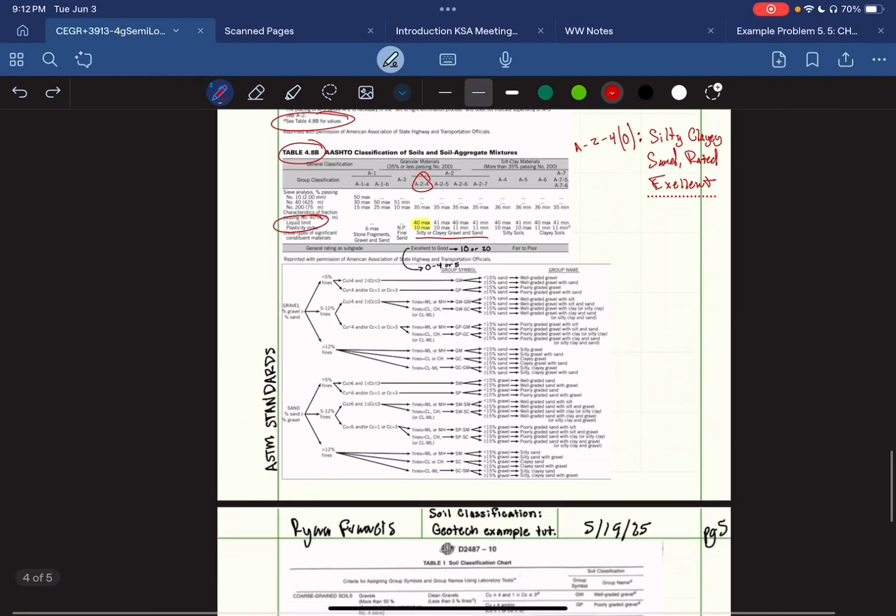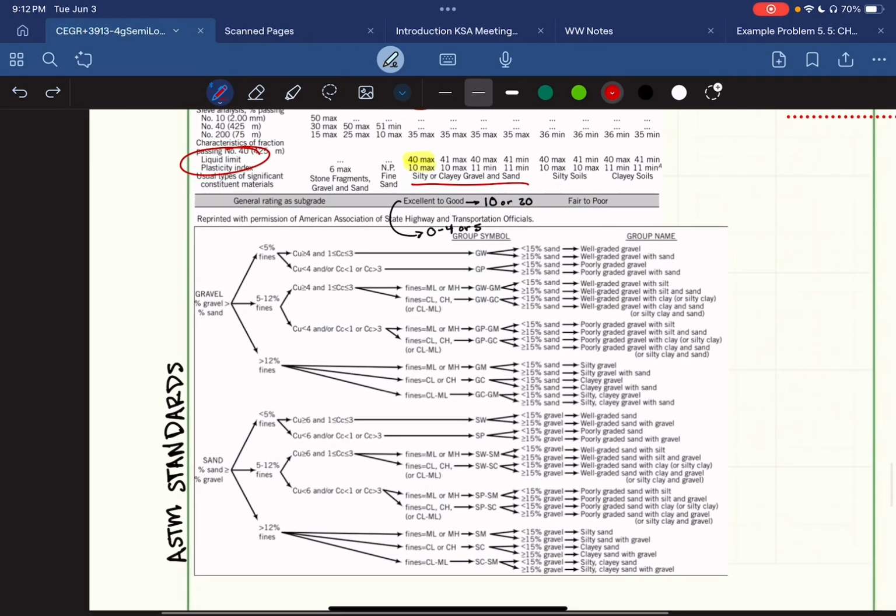So let's go on to the ASTM standards. It's important, there are three charts mainly, and you want to differentiate between the two. ASTM D2487 figure 1, figure 2, and figure 3.